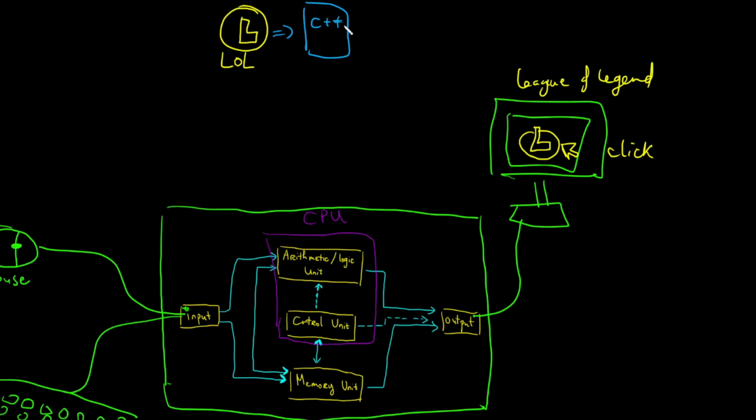Very cool programming language. If you guys are interested in software engineering or computer engineering or even electrical engineering, then you have to know that C++ is very important in technology. So this is a programming language. League of Legends is written in C++.